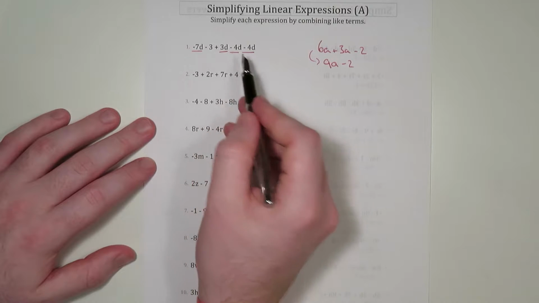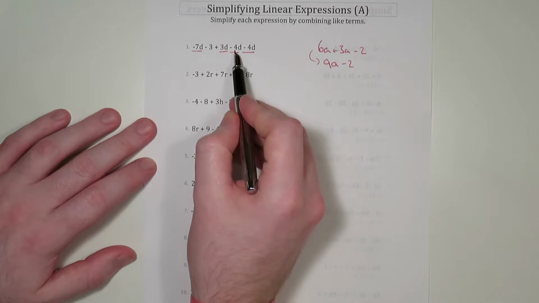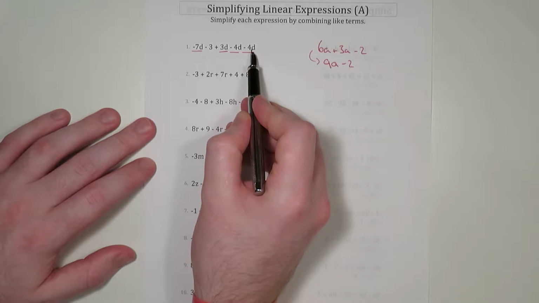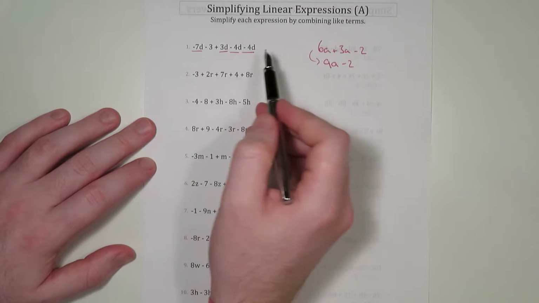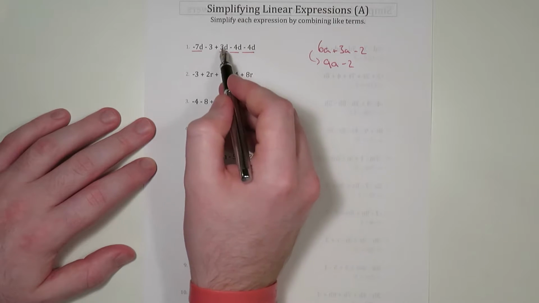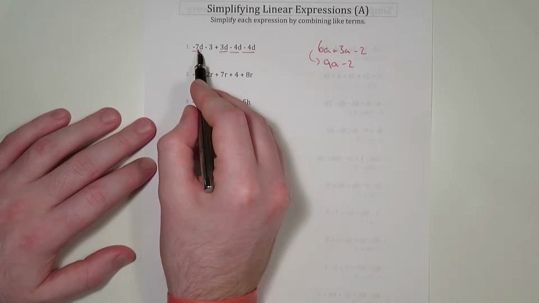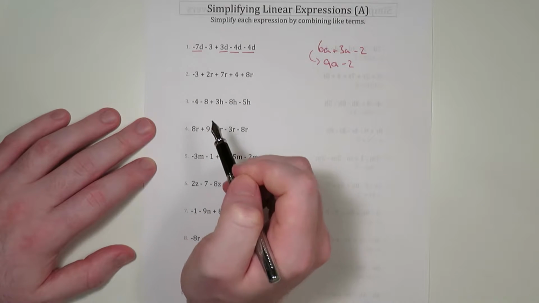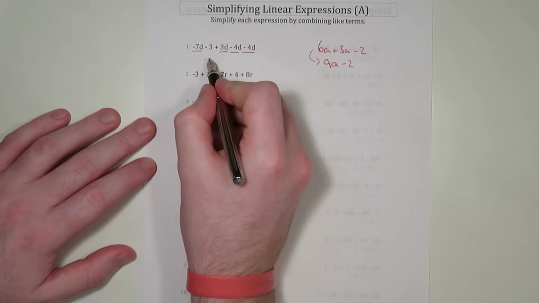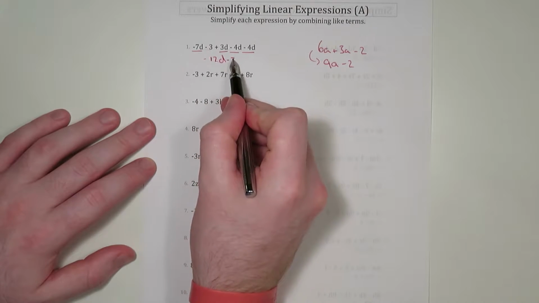So 3 subtract 4 is minus 1, so minus 1d, or minus d. We're going to have to subtract another 4d from that. So minus 1d subtract 4d would be minus 5d. So all of this here is minus 5d, and we're also going to have to subtract 7d from that. So that would be minus 12d, and then we've still got this minus 3 here.